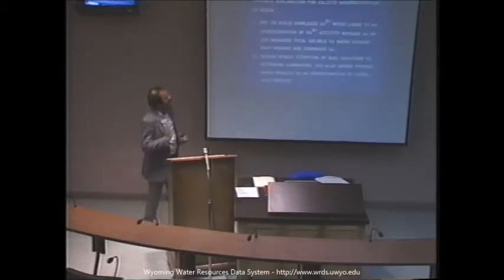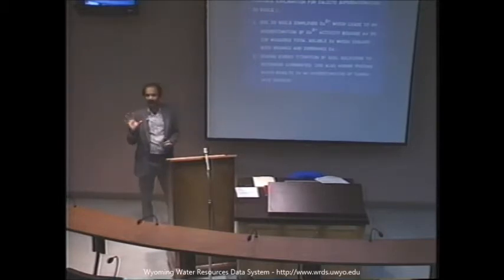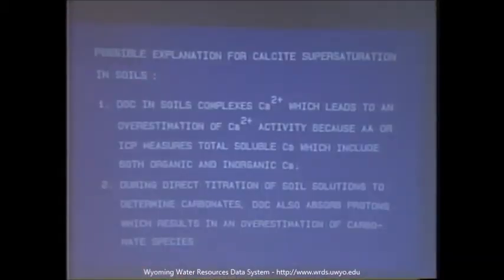Okay, the possible explanation for this calcite supersaturation in soils, at least, is number 1, DOC, which is dissolved organic carbon in soils, complexes calcium, which leads to an overestimation of calcium activity because AA or ICP measures total soluble calcium, which includes both organic and inorganic calcium.